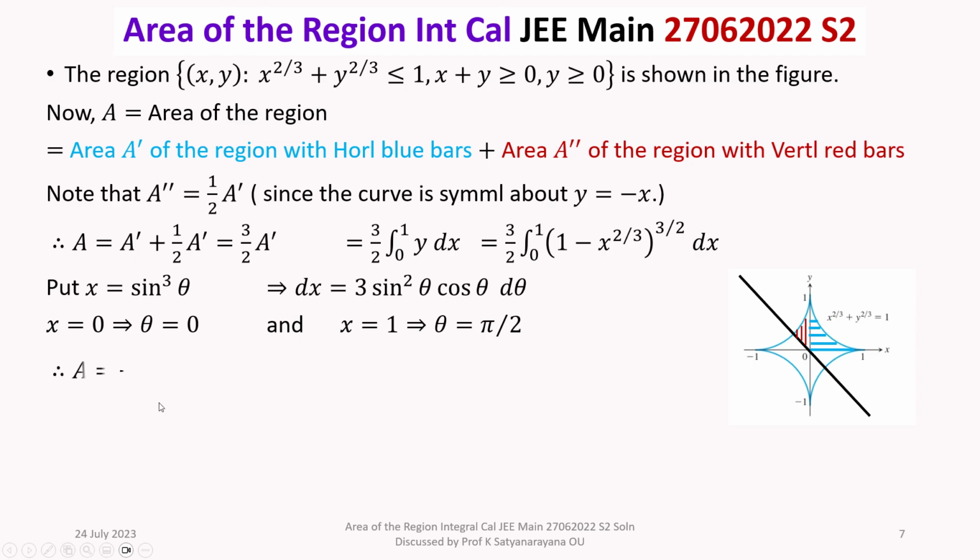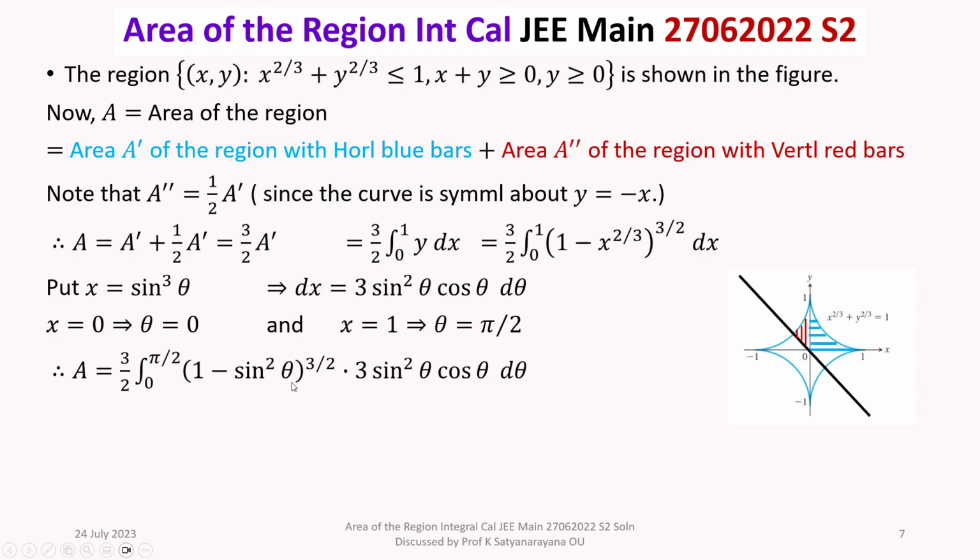So the area A is equal to 3 by 2 times integral 0 to pi by 2, 1 minus x, where x is sine cube theta, so x to the power of 2 by 3 is sine square theta. So (1 minus sine square theta) whole to the power of 3 by 2 into dx, which is 3 sine square theta cos theta d theta.